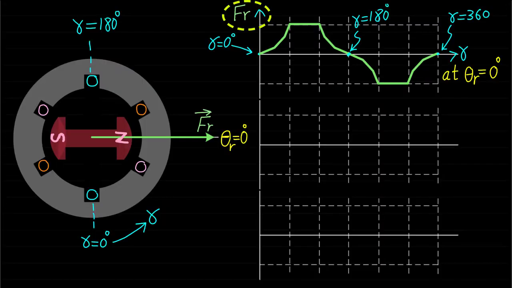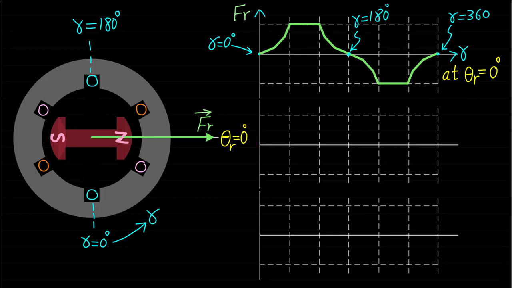This waveform shows the rotor rotating magnetic field waveform Fr at theta r equal to 0, where theta r represents the angle of the rotor air gap rotating magnetic field position.